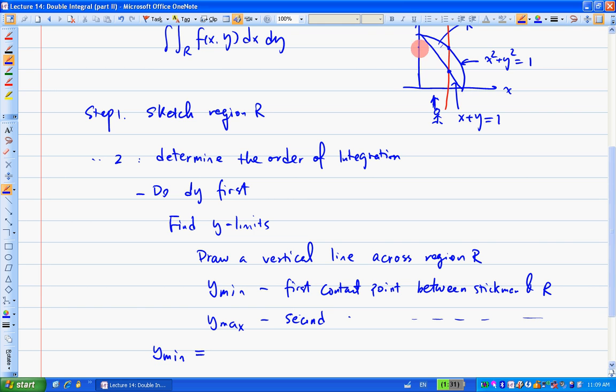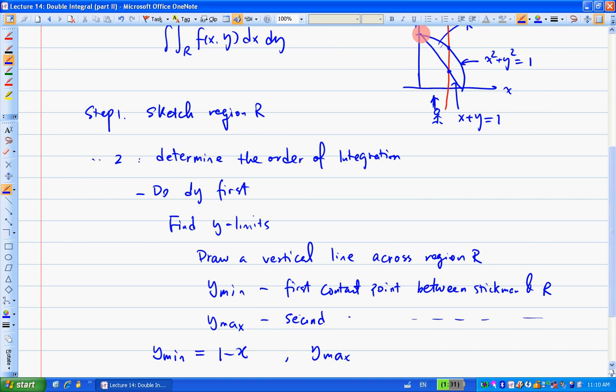This is your line, so it doesn't matter where you cross, you're crossing this line. So the lower limit is y equals minus x. Is that clear?